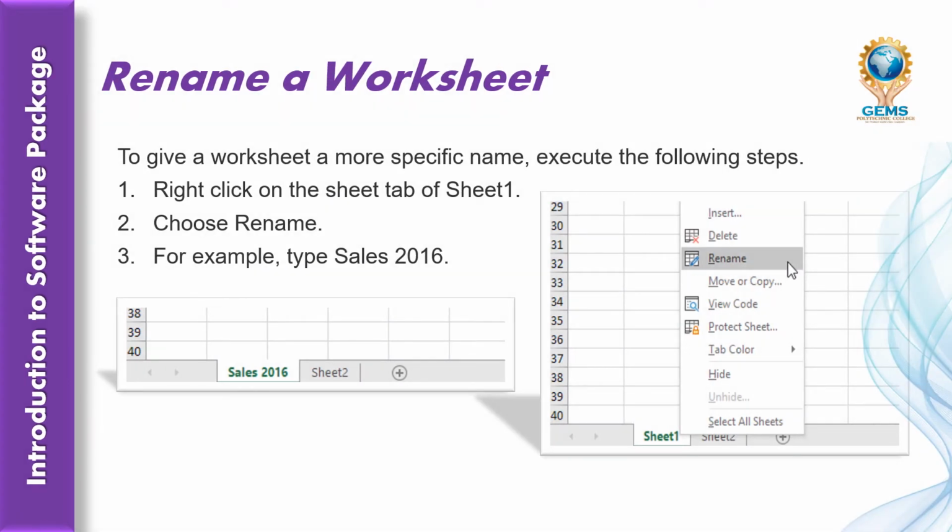And we will see how to rename a worksheet. To give a worksheet a more specific name, you have to follow some steps. Right click on the sheet tab, Sheet 1 or Sheet 2. The first image shows this clearly.